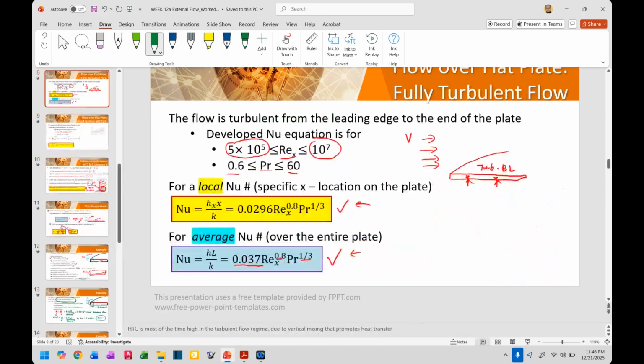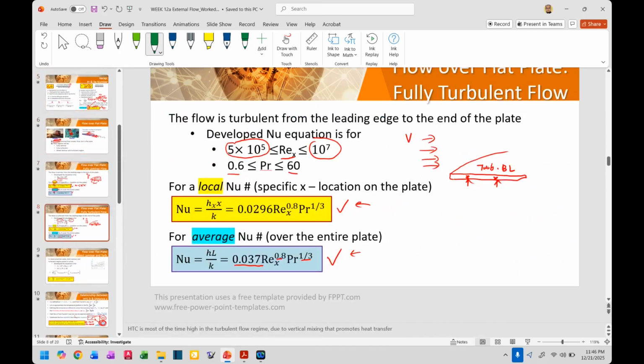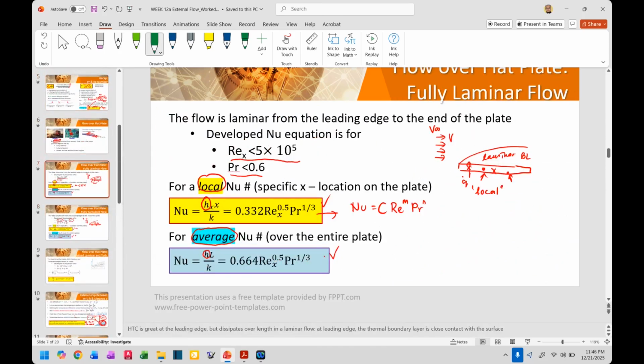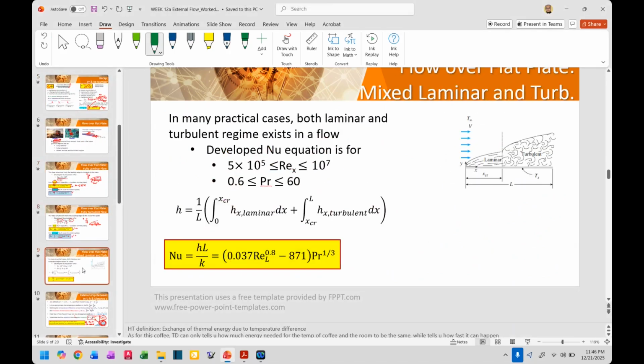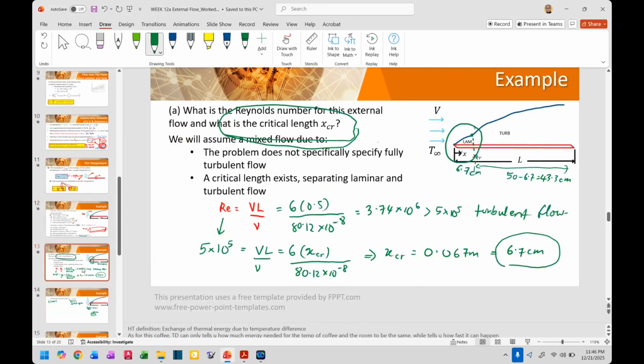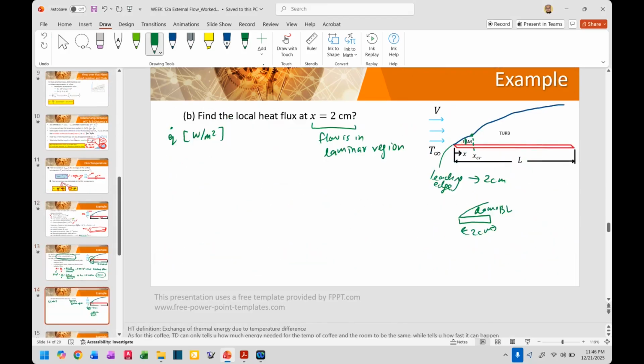Now, which one to use? This is a fully laminar flow equation, but between the yellow one and the blue one, which one would you use? Now, come back to the question. It asks for local heat flux. You see, local heat flux at a given location. That means you have to use the yellow one.